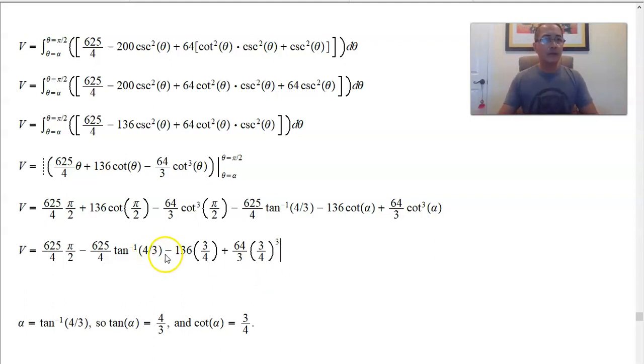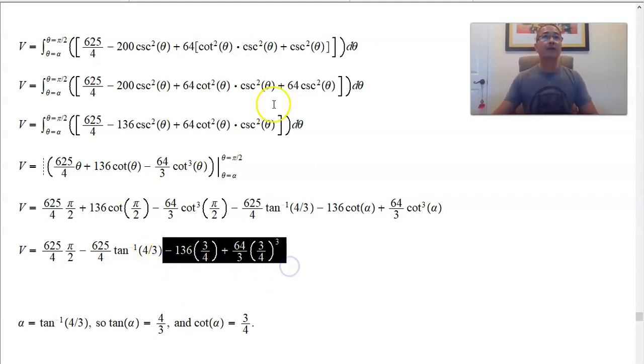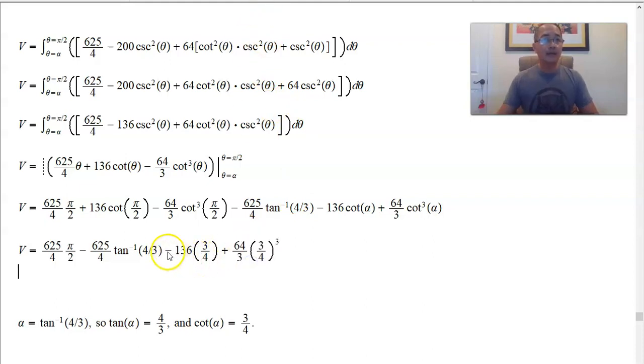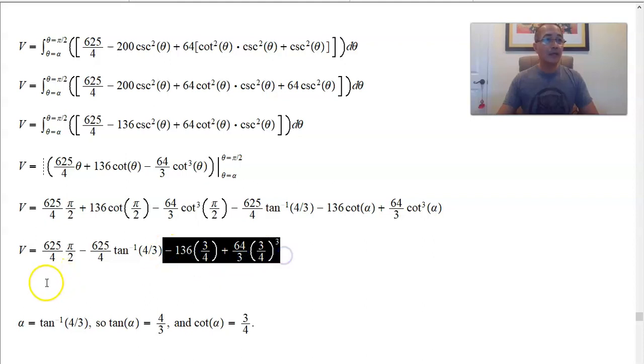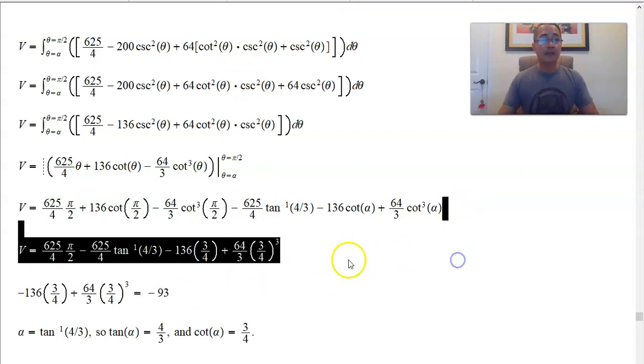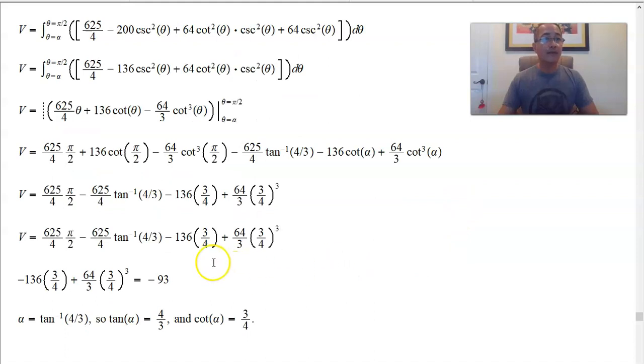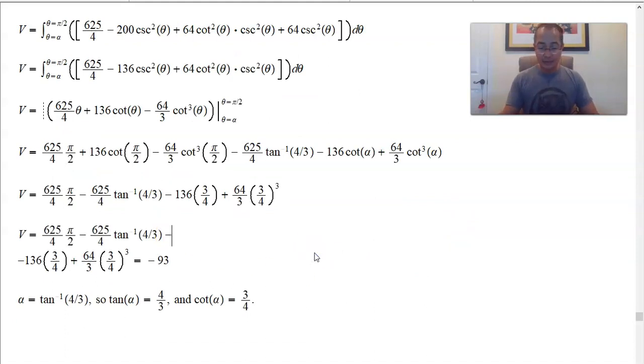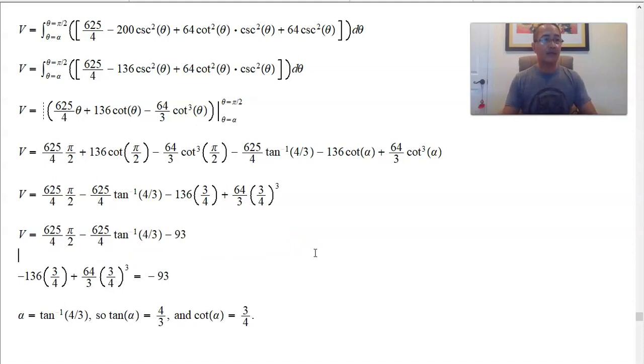Okay, so this portion we can simplify. What do we got here? Let me make a copy over here. It's refusing. There you go. Ooh, that's just negative 93. Okay, so therefore our final answer is just this, minus 93.